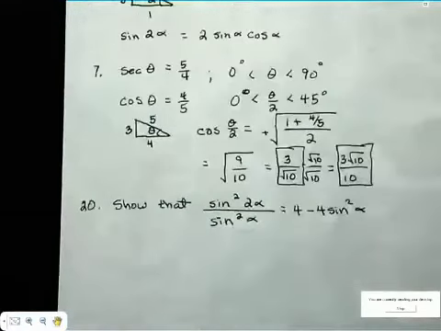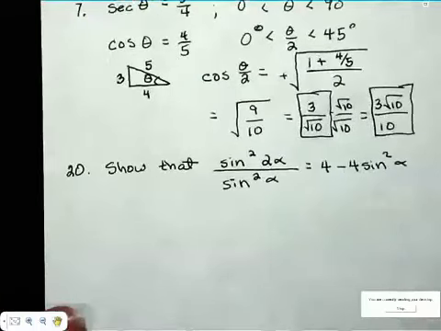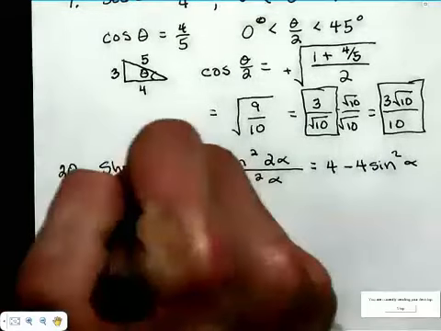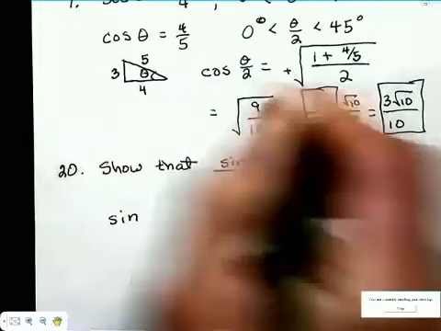Remember, proofs are the only time I'm going to be picky about the way you do it, because you're not just simplifying something or finding an answer. You're doing a proof. So start with one side, you copy it, work on it till it becomes the other side.